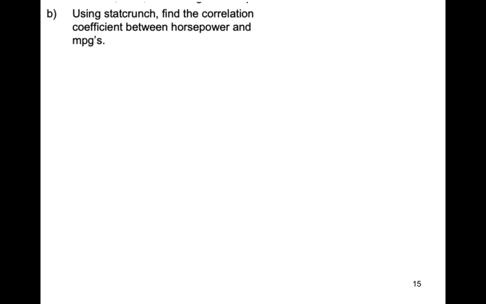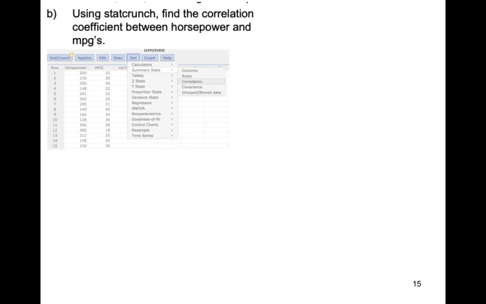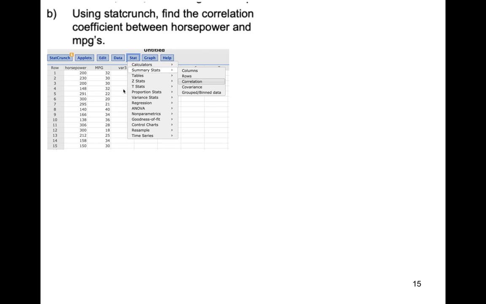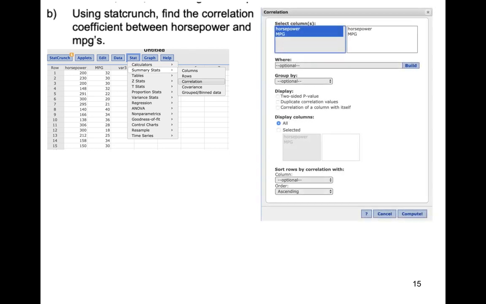We also want to use StatCrunch in order to find the correlation coefficient. So again, if you have the data in columns, to calculate it, you're going to go to Stat, you're going to go to Summary Stats, and then you're going to click on Correlation, obviously. Okay, so Stat, Summary Stats, and Correlation.